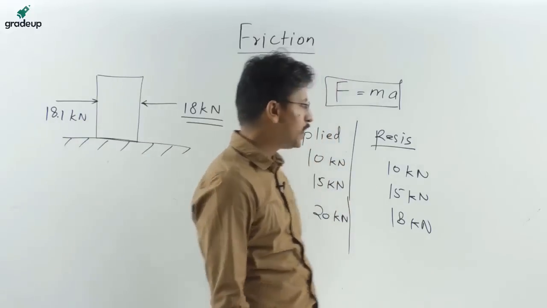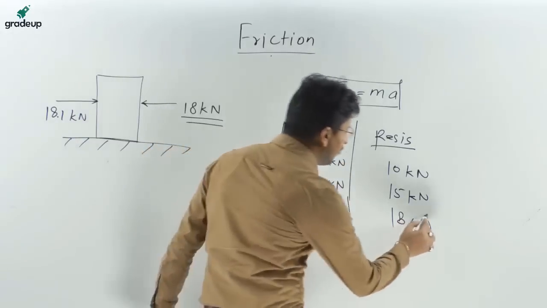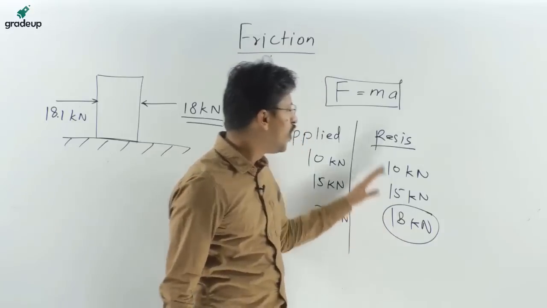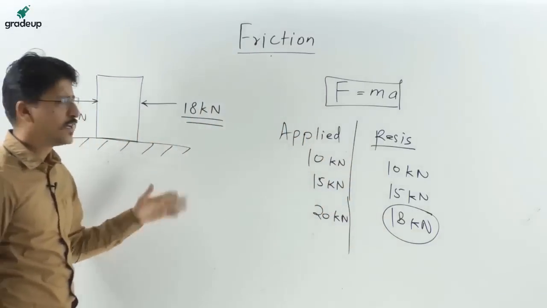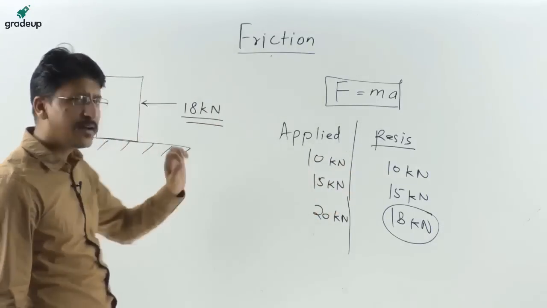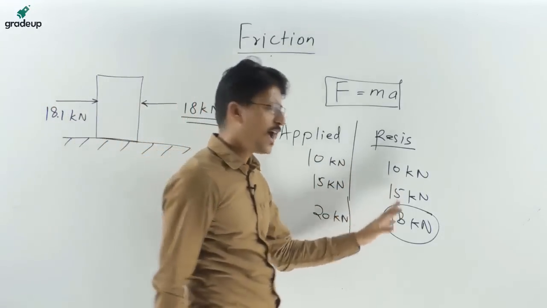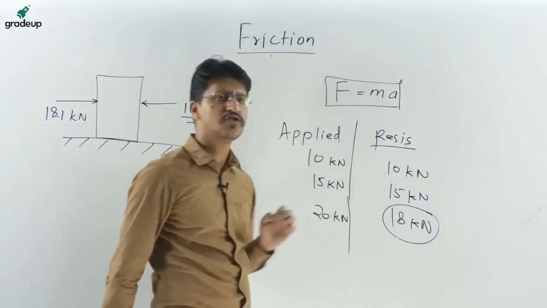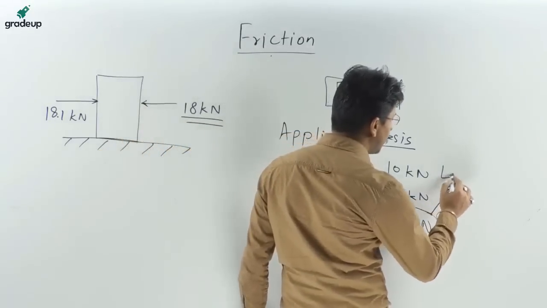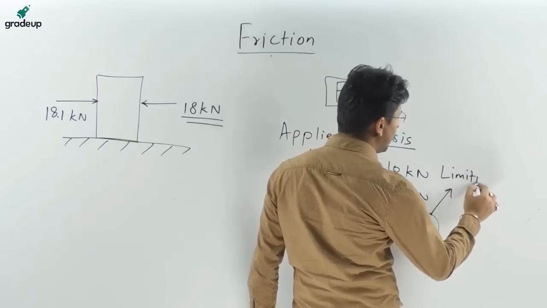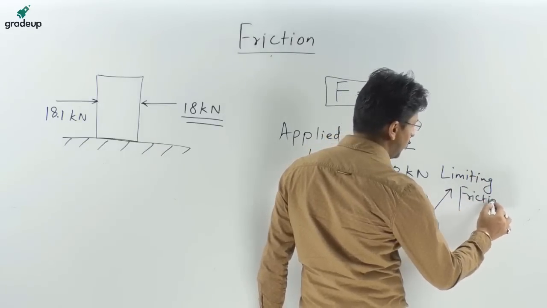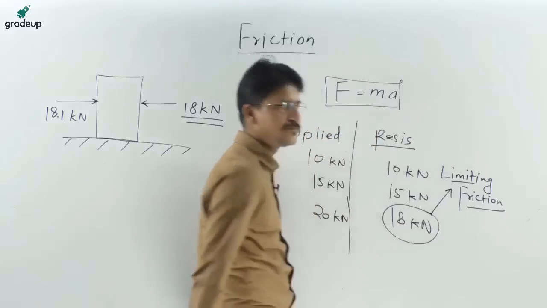So this limiting value of the frictional force being offered by the surface, that maximum value of the resistance force or friction force, is known as limiting resistance or limiting friction.